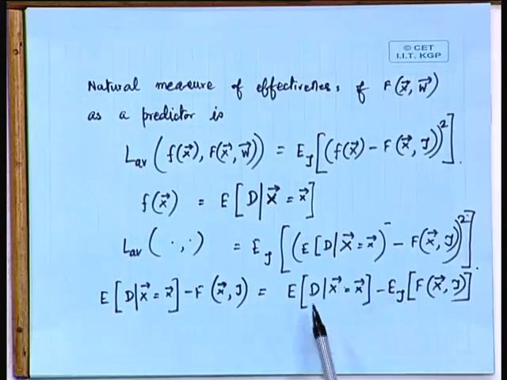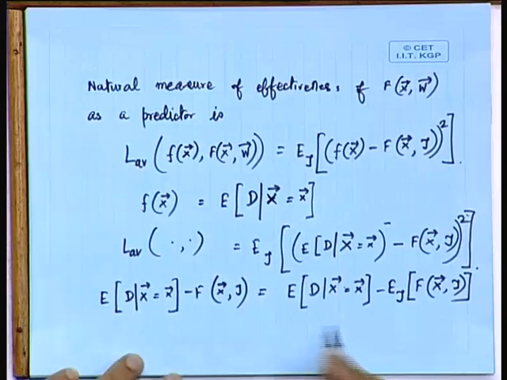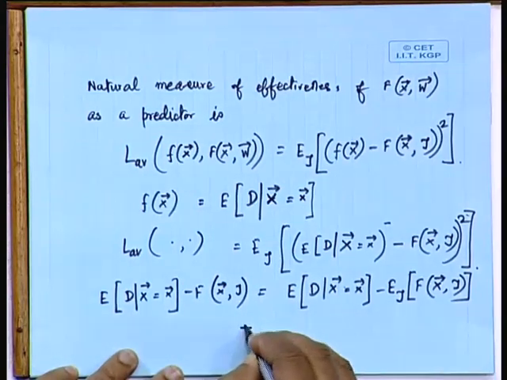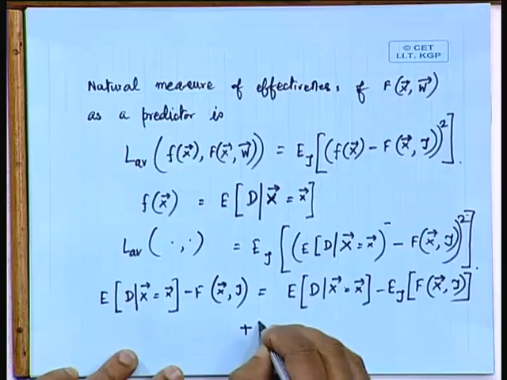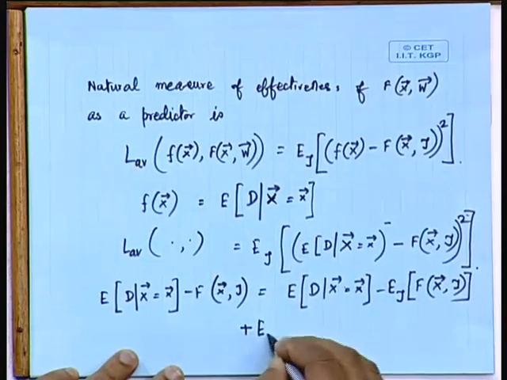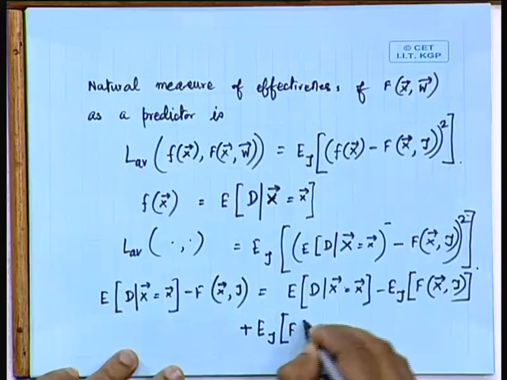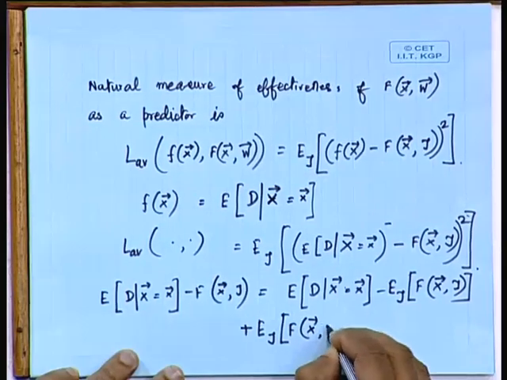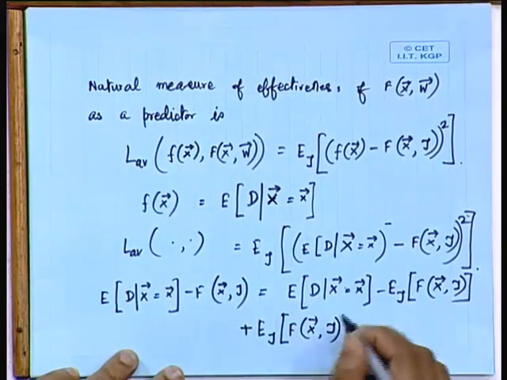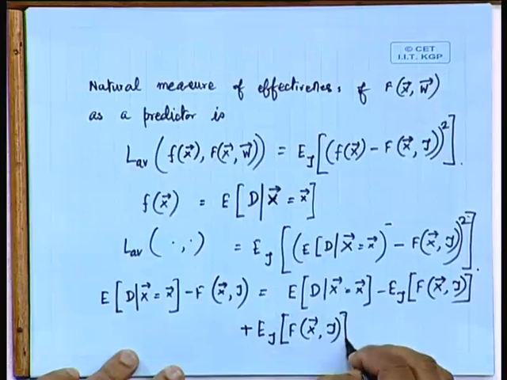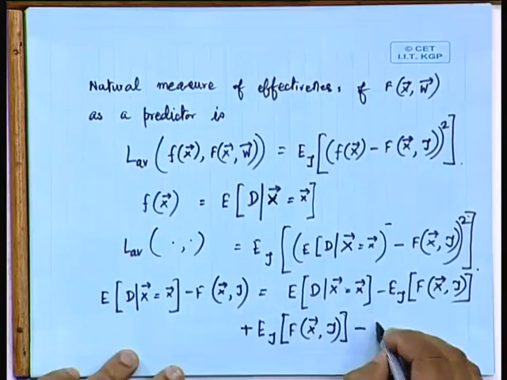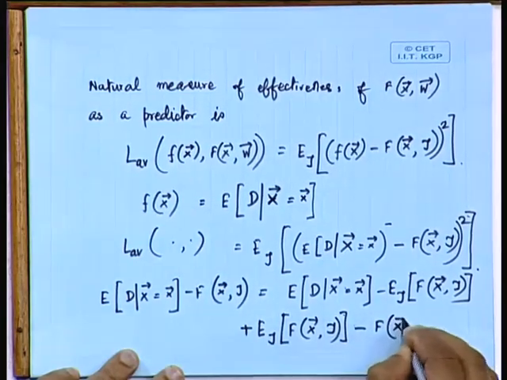That is what we have already subtracted from this. So, we also have to add up this term. Now, in order to compensate for this, we add this term again, which is E_T of f(x comma T). This one minus f(x comma T).